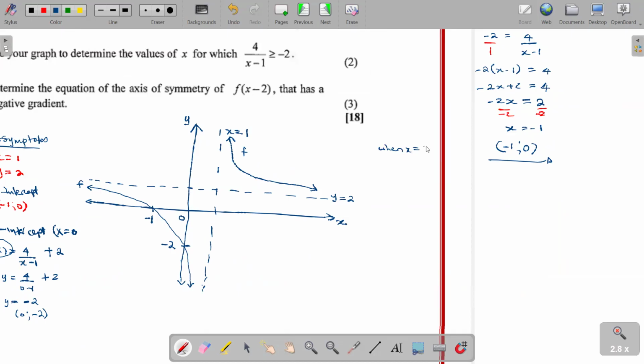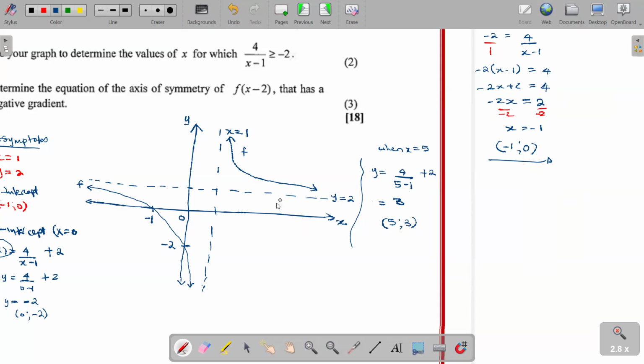Our y is going to be equal to 4 over 5 minus 1 plus 2. If we simplify that, the y is going to be 1 plus 2, 3. So any other point that we have here, we can use (5, 3).